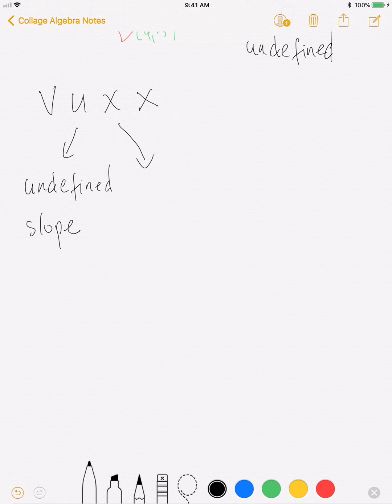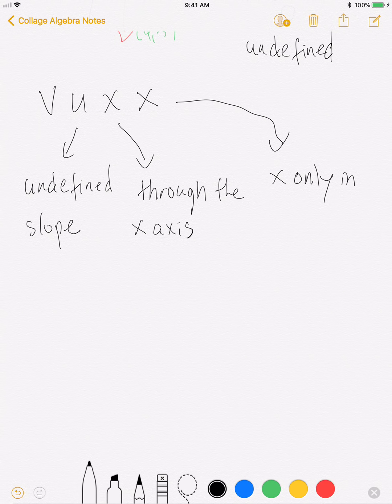They go through the x-axis. And they have x only in the equation. That should make it pretty easy for you to identify vertical lines.